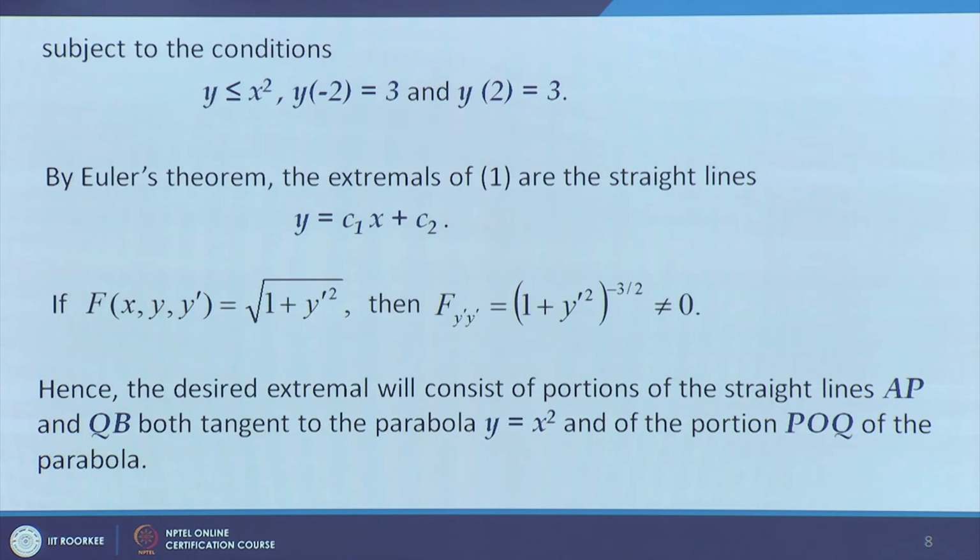By Euler's theorem, we know that the extremals of this functional, under root 1 plus y dash square dx, are straight lines. This we have seen earlier in a lecture, that y is equal to c1 x plus c2.